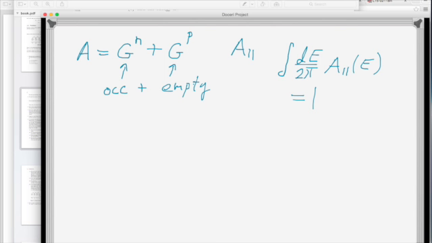And for the density of states, I need to integrate dE, d of E, and this should give you the number of states per unit length in this case, right? The number of states per unit length is just one orbital per lattice constant, right?